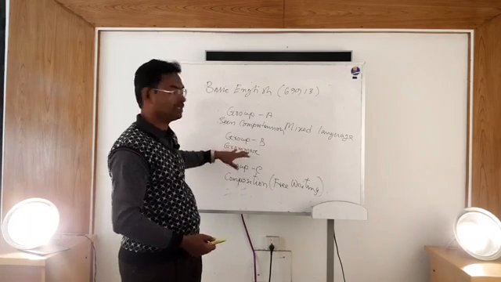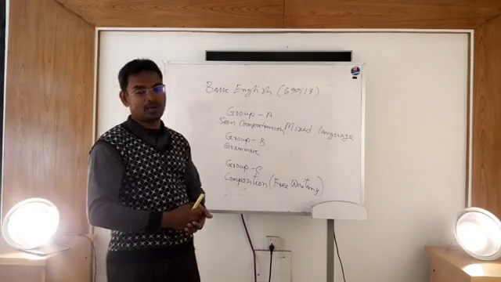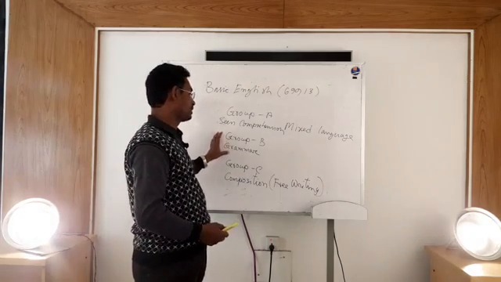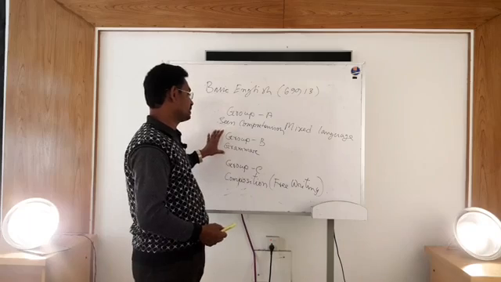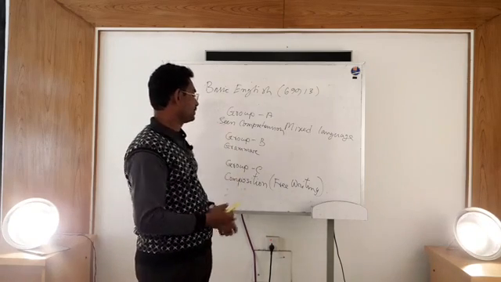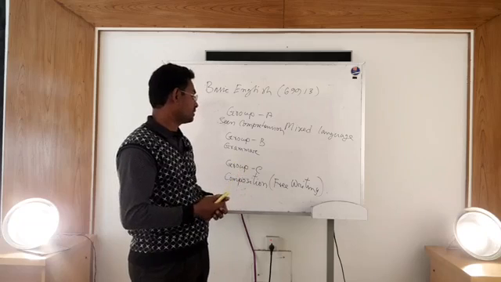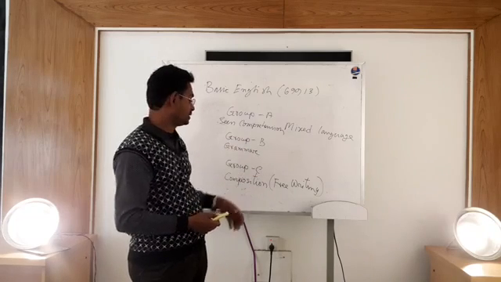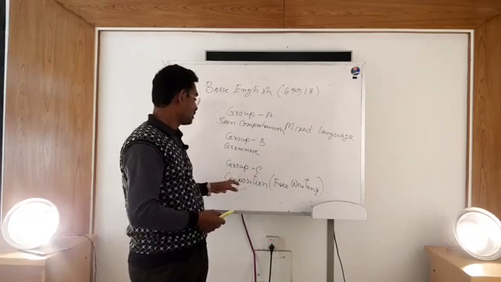And in Group B, you will get grammar type questions, and you have to give importance to grammar. If you study grammar, you know that grammar purifies our language, we can correct our language. Next, Group C, composition.